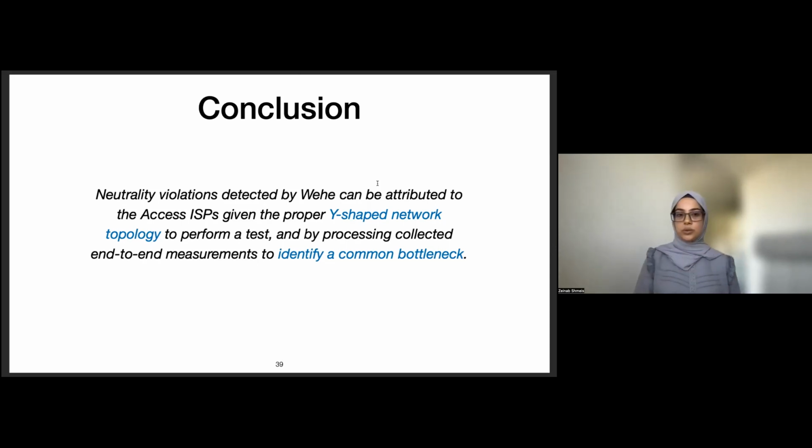We have also noted that we identify the common bottleneck using tomography. The main reason we're able to use tomography is that we're interested in capturing the correlation, which tomography does for us, without accurate estimation of the links' performance.